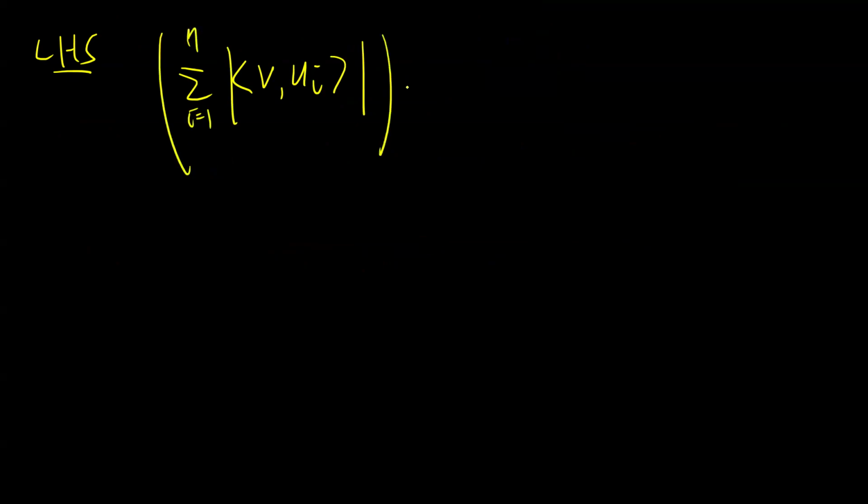So the right-hand side is the sum over i from 1 to n of the inner product of V and Ui times epsilon i.